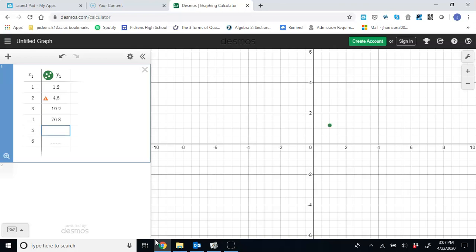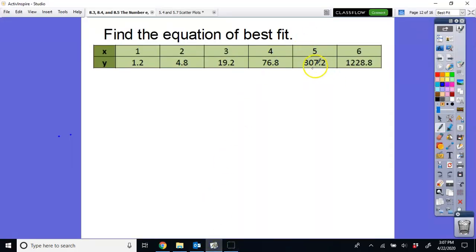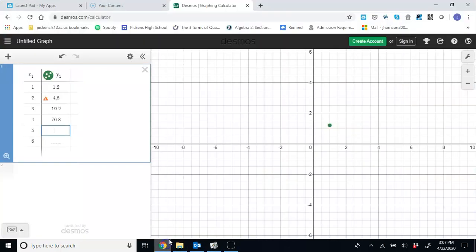Then we have 307.2 and 1228.8. So hopefully you can see, if you're paying attention to the numbers here, and let me fix this little guy here, I accidentally hit the comma.